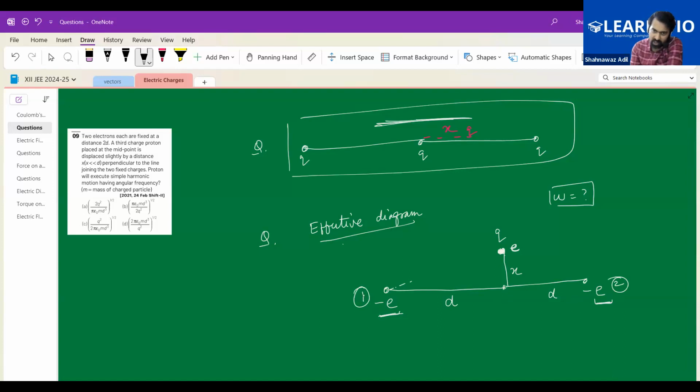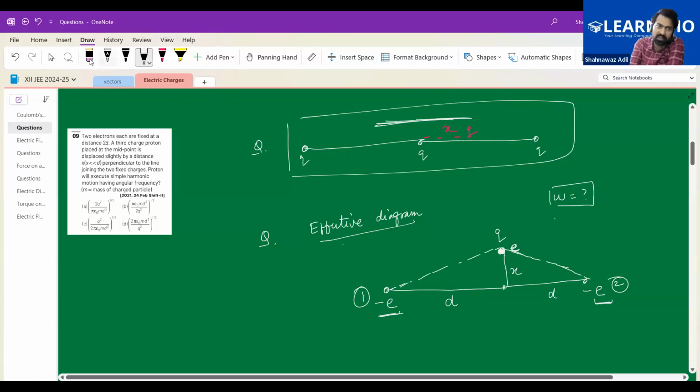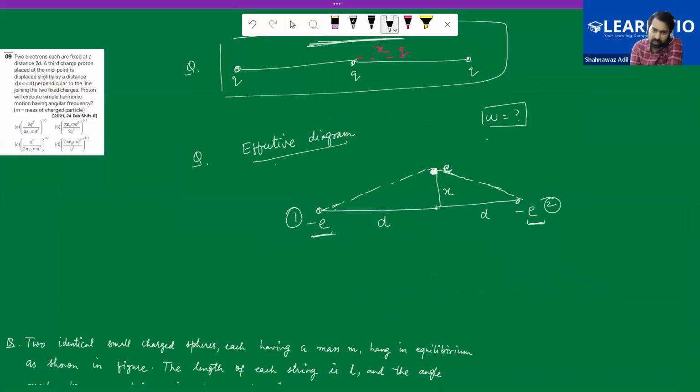Due to this charge, the force would be along the line. Let's say these are the straight lines. At this point, this is the proton. Due to this electron, would the force be away or towards?